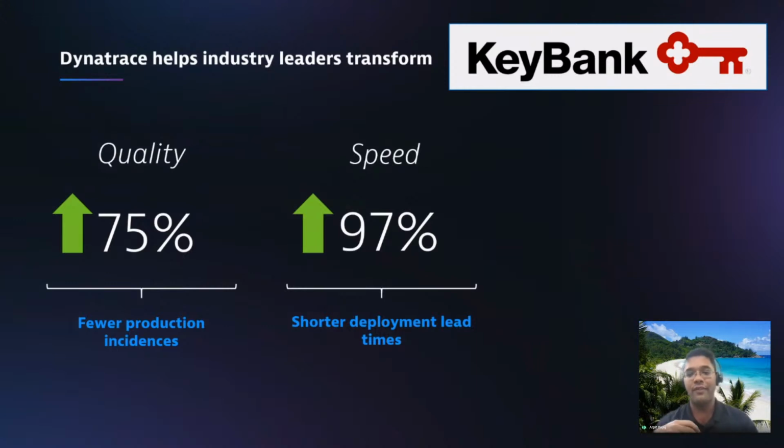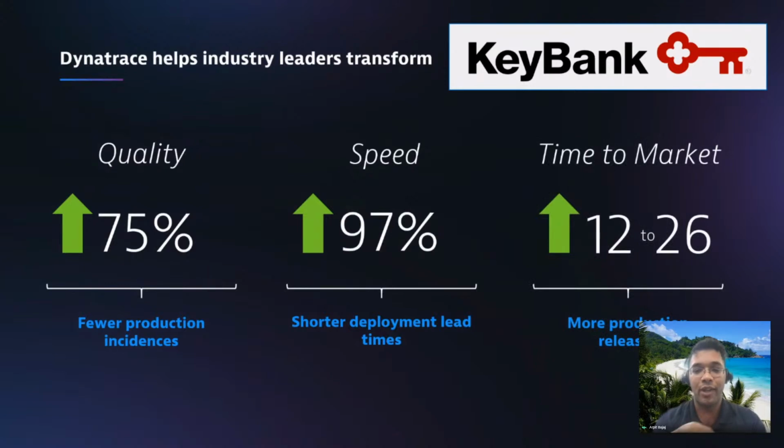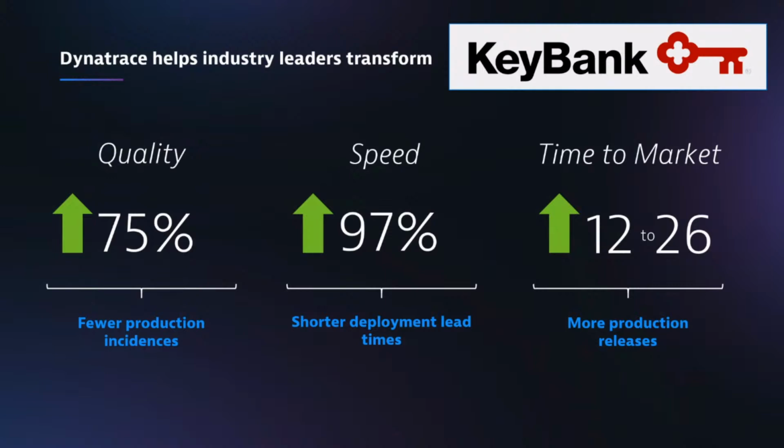We've identified different ways to shorten their deployment times, and shortened their deployment times by 97%. And finally, we've been able to help increase their time to market from 12 releases a year to 26 releases a year. And their journey actually followed a very similar pathway to the one that was followed by Dynatrace. Basically, the journey that we went through, we're trying to get other organizations to go through a similar journey.